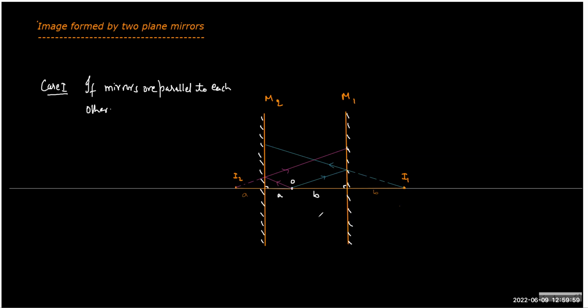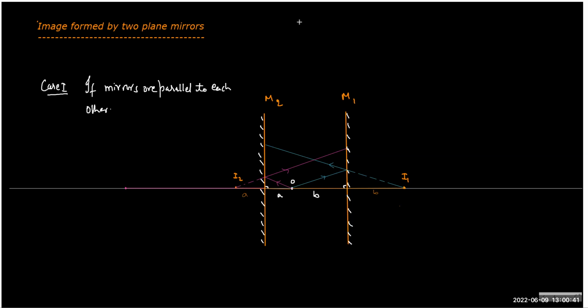So now the next step, you can simply see this. The distance of I1 from M2 is how much? Can you calculate? A plus B plus B, A plus 2B. So we have to move 2B behind. Basically, the distance is this much. This is the image formed by M2 for I1, which is A plus 2B behind.